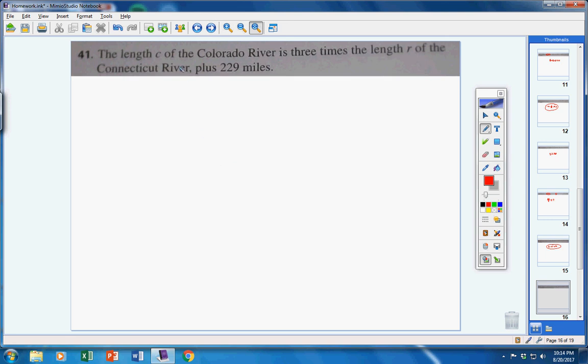The length C of the Colorado River is 3 times the length R of the Connecticut River plus 229 miles. So here we go. I could just simply say C is 3 times R plus 229. C is 3 times R plus 229, or in other words, 3 times R is 3R, 3R plus 229.